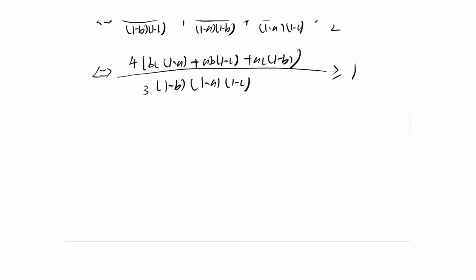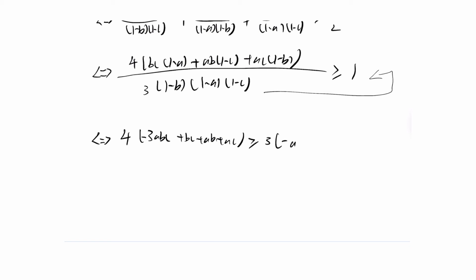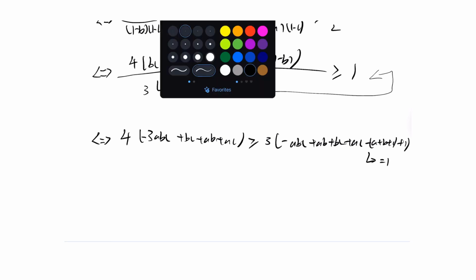And moving this to the right hand side, we will have 4 times negative 3abc plus bc plus ab plus ac larger or equal to 3 times negative abc plus ab plus bc plus ac minus (a plus b plus c) plus 1. And we know that a plus b plus c is equal to 1, so these two expressions actually cancel out.